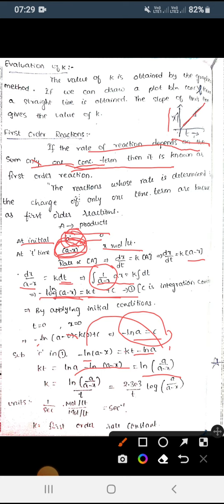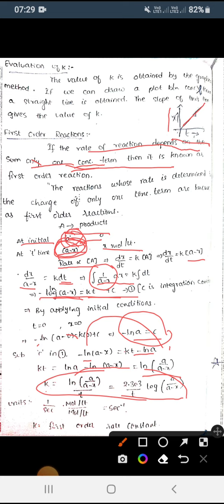Here also we have to find the rate constant k. So k is equal to (ln of a by (a minus x)) by t. Here ln indicates natural log, so instead of writing ln, we write 2.303 by t log a by (a minus x). This is the rate constant value we got for a first order reaction.